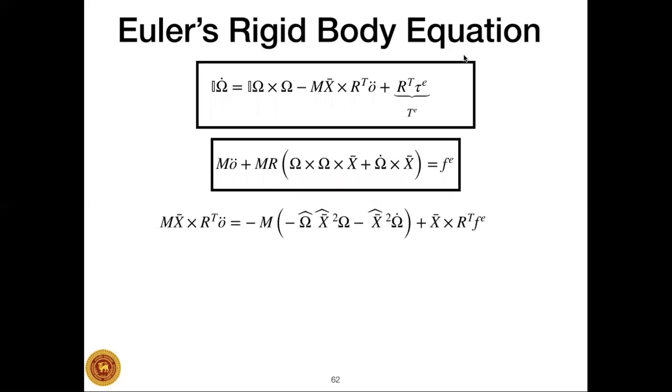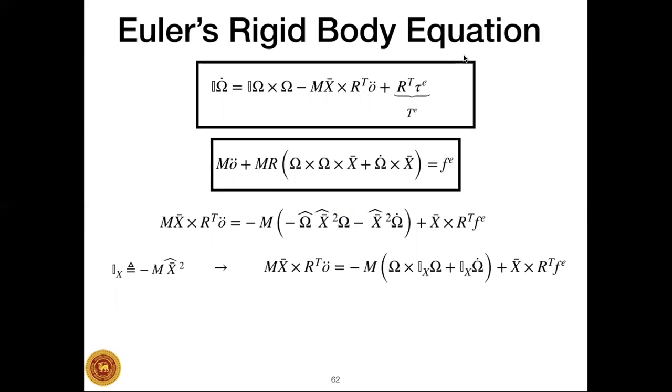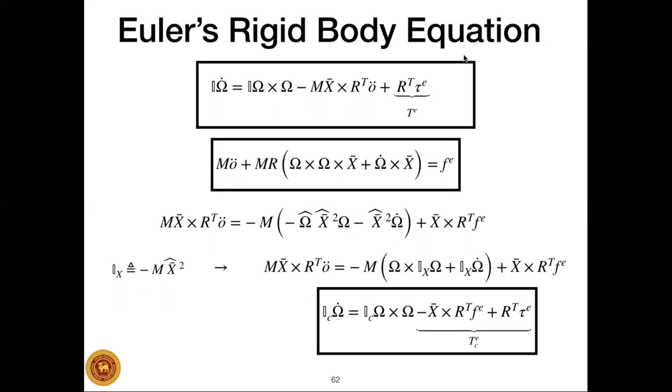And what do we get? We get this expression over here. If you notice, this quantity is also like a moment of inertia term. So if you define that quantity to be Ix, this whole thing can be written down like this expression over here. We get this expression once you substitute for this by taking the cross product with x bar, and it becomes this, where IC is now I minus Ix.